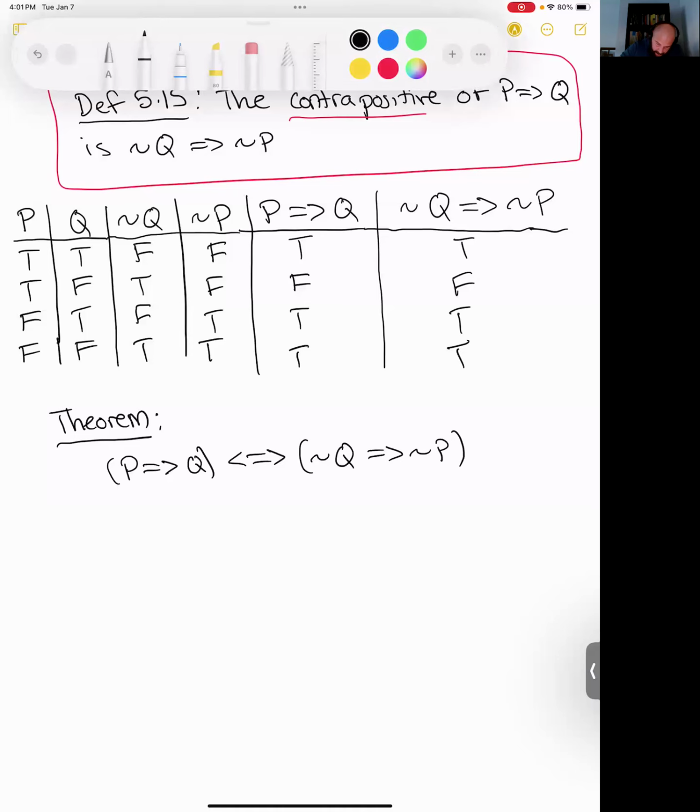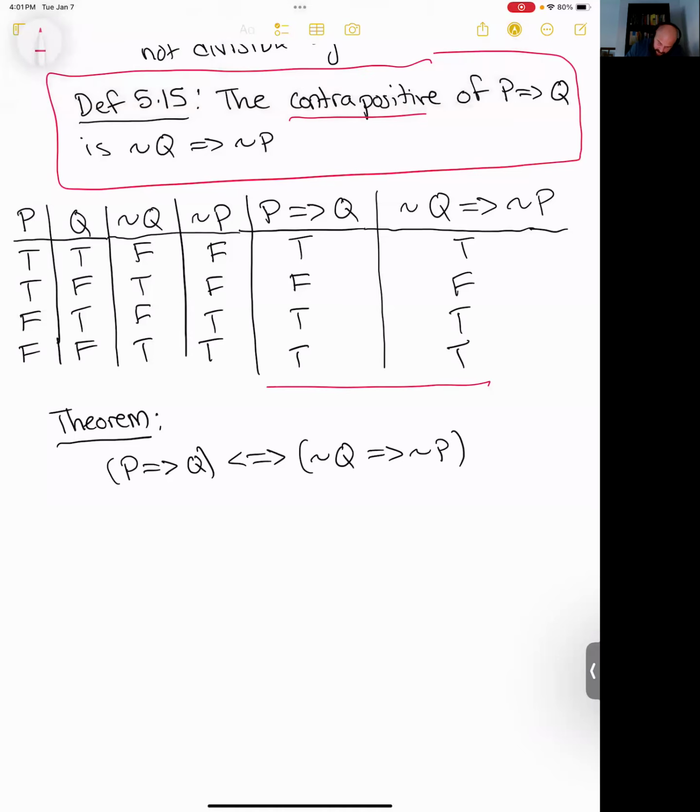Good. So we're going to use that in a proof method, which is called proof by contrapositive. So that's why it's important, because if you want to prove an implication, what this says is that you can also instead prove the contrapositive. And for now, you might not understand why you'd want to do that, but it turns out that sometimes it'll be easier to do that.